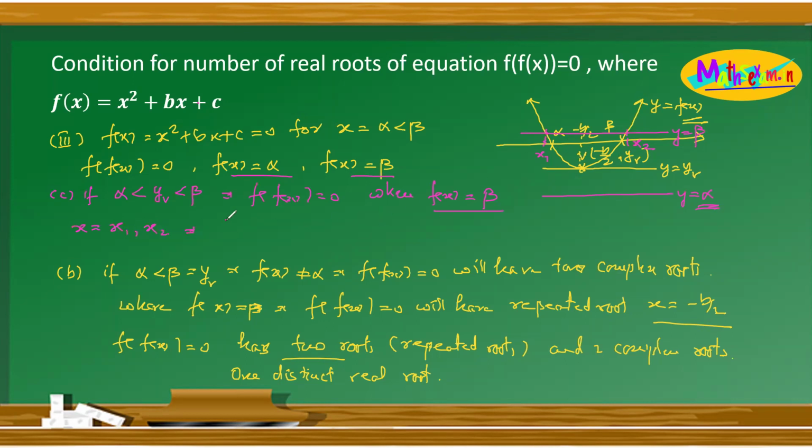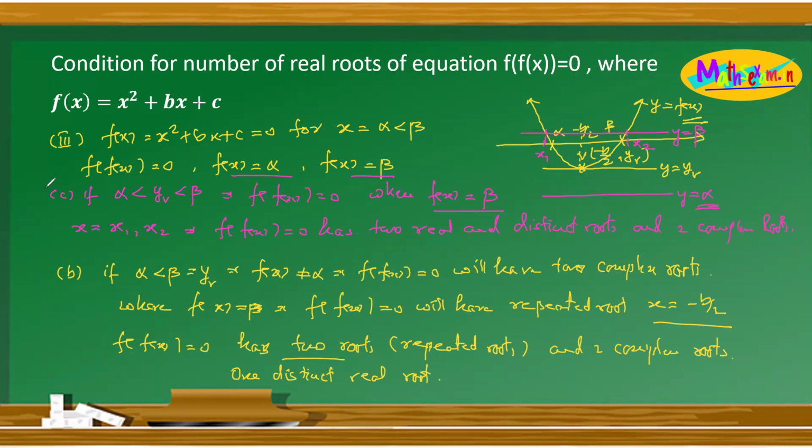So f of fx is equal to 0 has two real and distinct roots and two complex roots. This is what you will have.